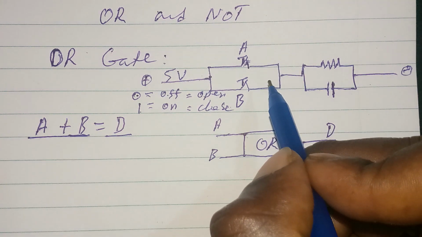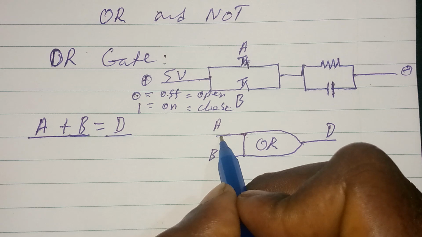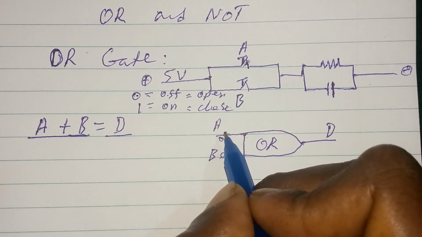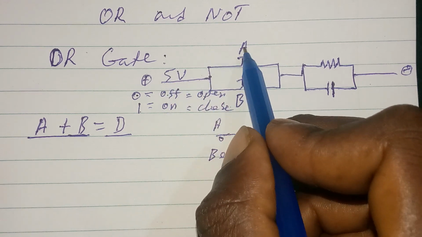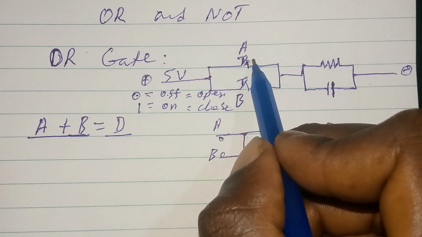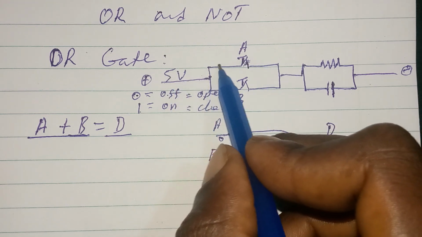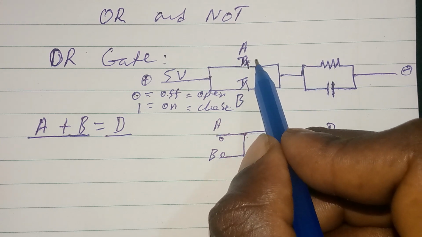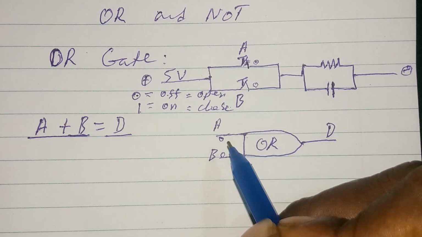Now, if both switches are open, which is 0, meaning these two switches are open. Now, if the A switch is open and B switch is open, the voltage should try to pass through switch A to power the circuit, but it is open. That is 0. This also is open, 0.